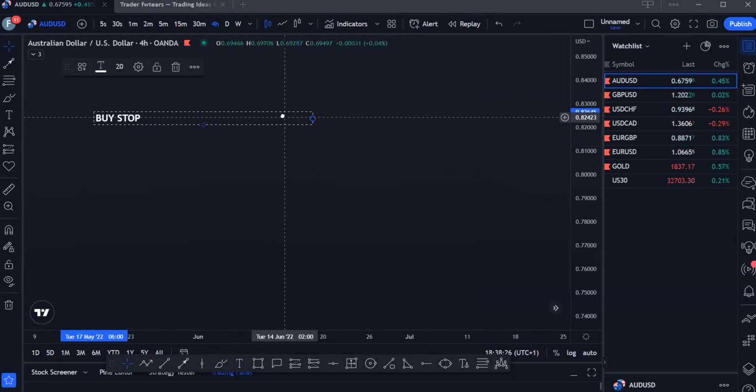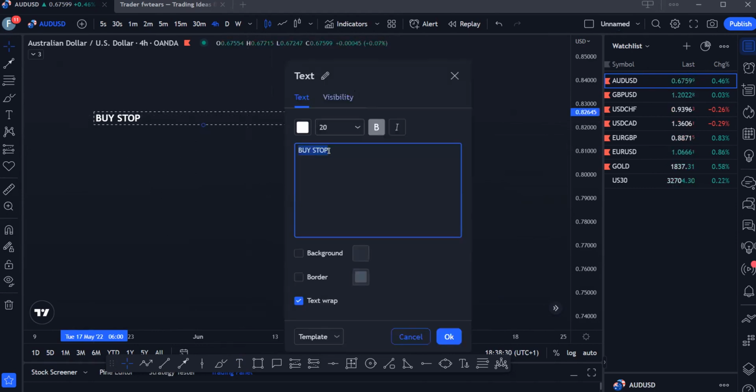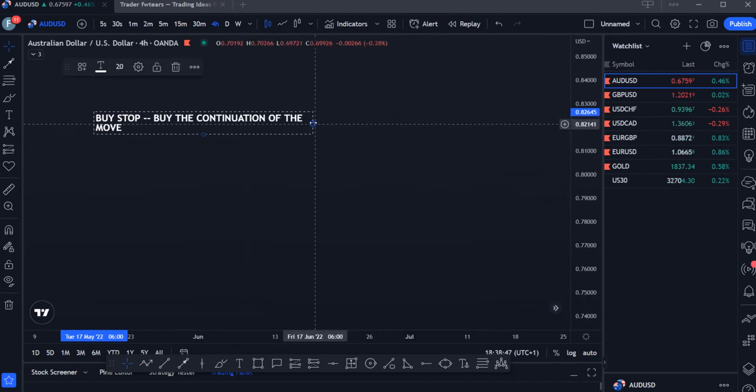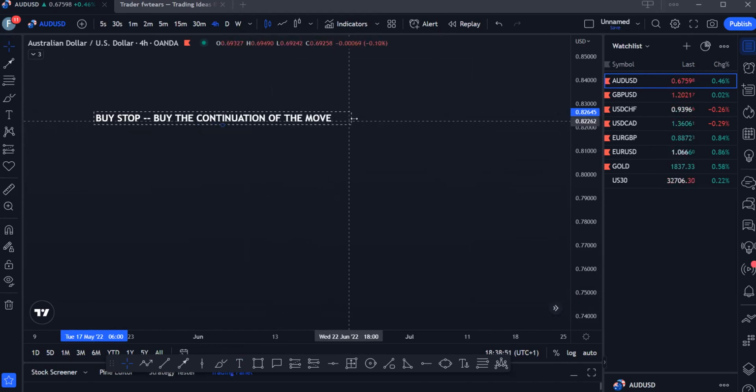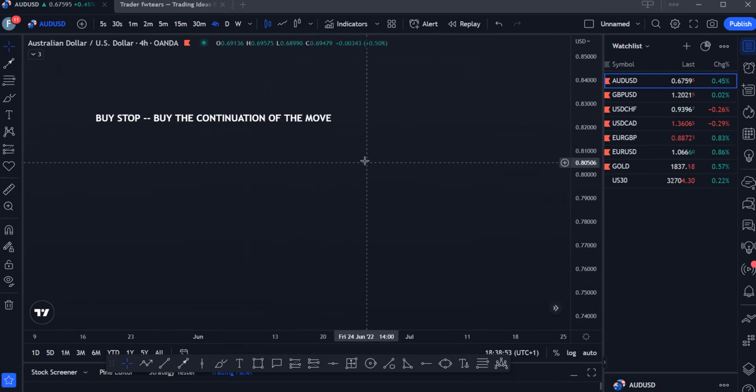Buy stops are continuation orders, so you want to buy the continuation of the move. If price is in an uptrend, or in a bullish momentum, you want to enter a buy order to continue that move.